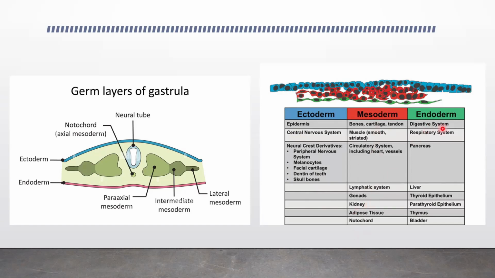Then the endoderm, the lining epithelium of the digestive system and the respiratory system, of course the pancreas, the liver, all those glandular structures in the GIT will be coming from endoderm, given they'll be coming from the lining epithelium.